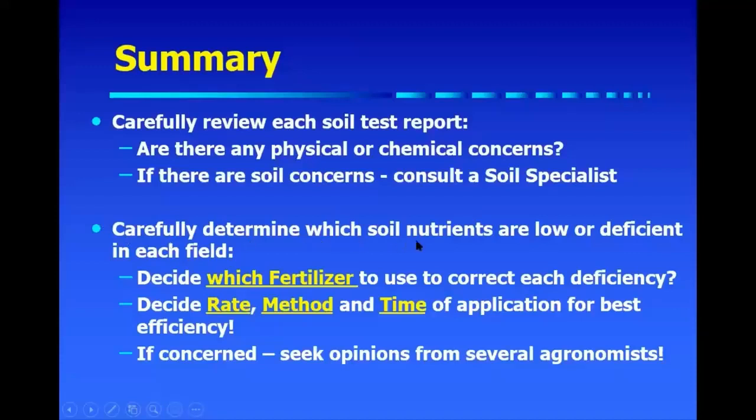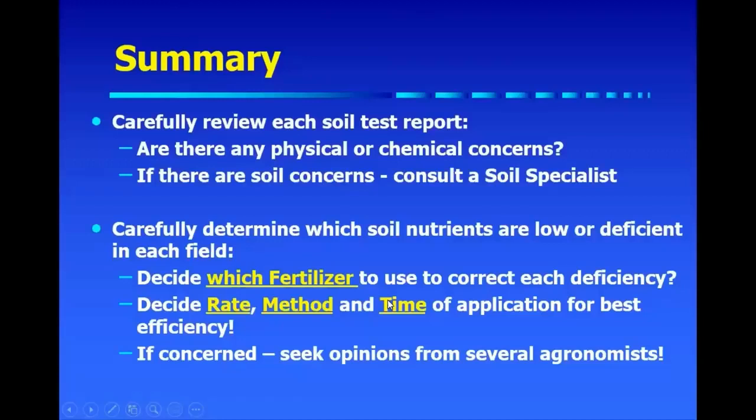And then in terms of soil nutrients, you want to identify which ones are low or deficient or marginal. Then what fertilizer would you use to correct each of those deficiencies, whether it's nitrogen or phosphorus or sulfur? What fertilizer products would be best to use, what rate, what method of application, what time of application. That's really the next step beyond soil test interpretation: the 4R method of developing fertilizer recommendations for best efficiency.